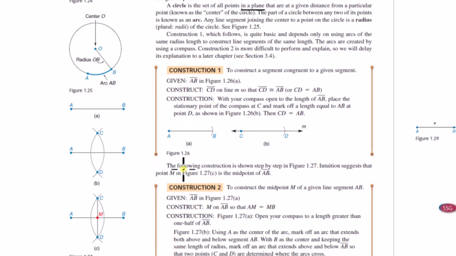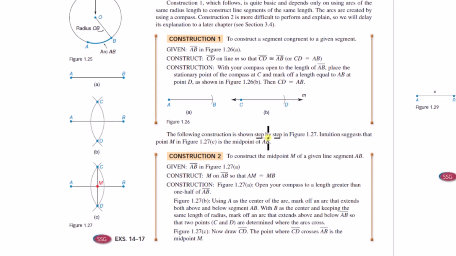The following construction is shown step by step in figure 1.27. Intuition suggests that point M in figure 1.27C is the midpoint of AB. To construct the midpoint M of a given line segment AB, we're going to do this in a roundabout way. You could just measure this with a precise ruler, but given segment AB, construct the midpoint M such that the length of AM is equal to MB.